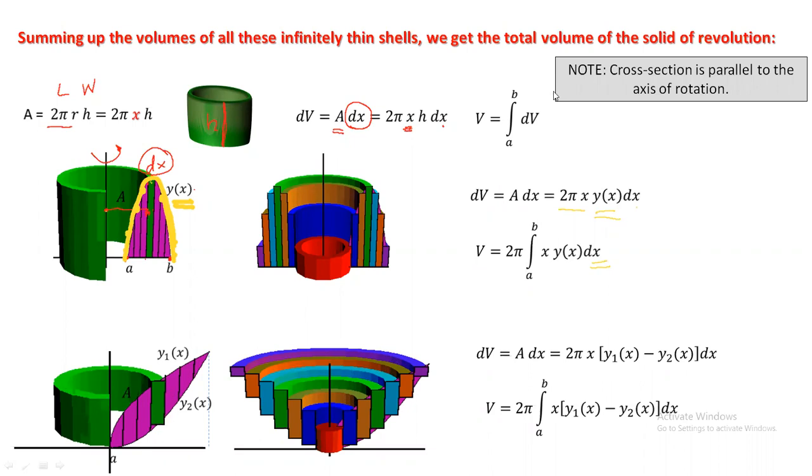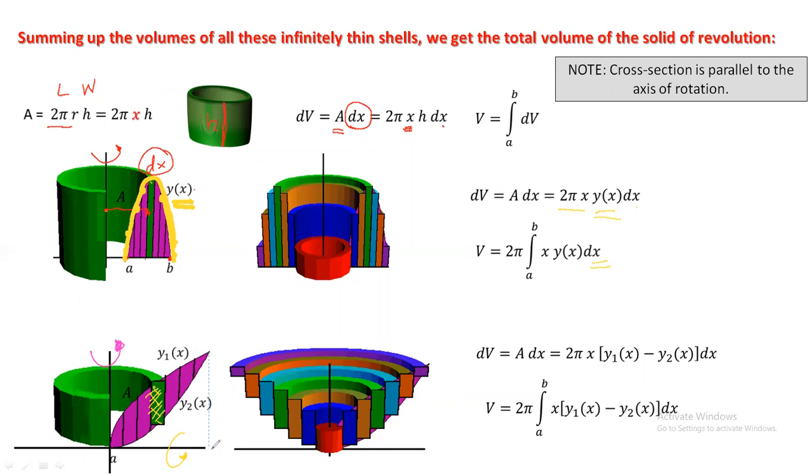It's washer because this cross-section is not attached to the axis, but it's perpendicular to it. Now, in this case, your axis of rotation is the y-axis. This has to be your axis of rotation.